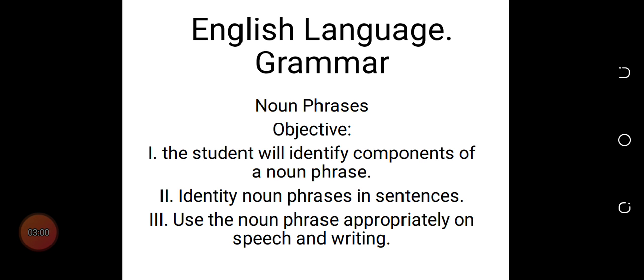We should bear in mind that the mention of noun should tell us that we should know what a noun is, and it is simple. So knowing what a noun is, what other features can qualify that noun to be known as a noun phrase is the essence of today's lesson.